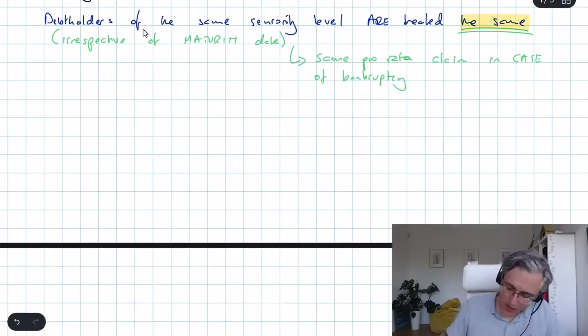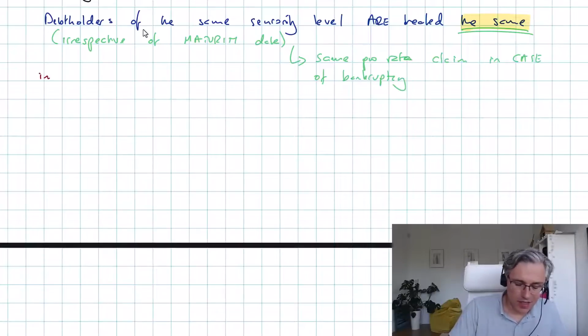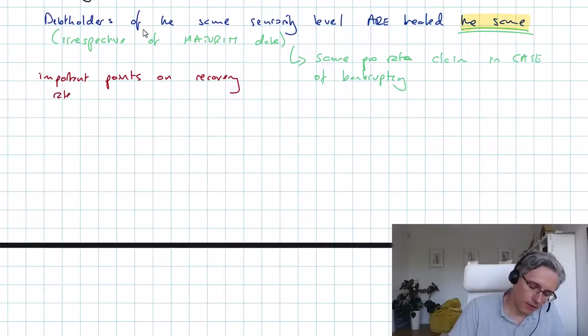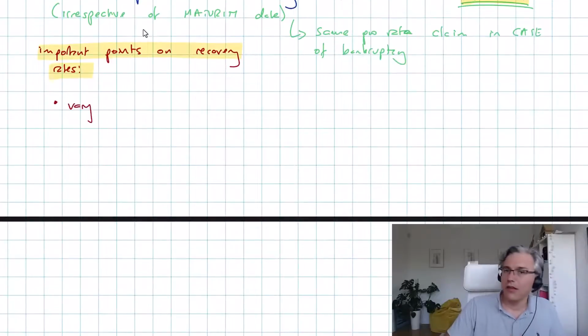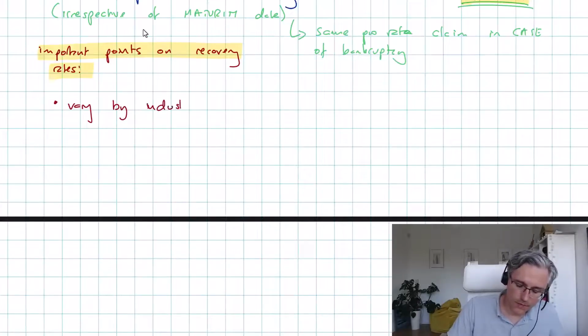Okay, now some additional, I guess, important points on recovery rates. Recovery rates, which your curriculum sort of pushes across and emphasizes. First of all, recovery rates hugely vary across industries, so they vary by industry.